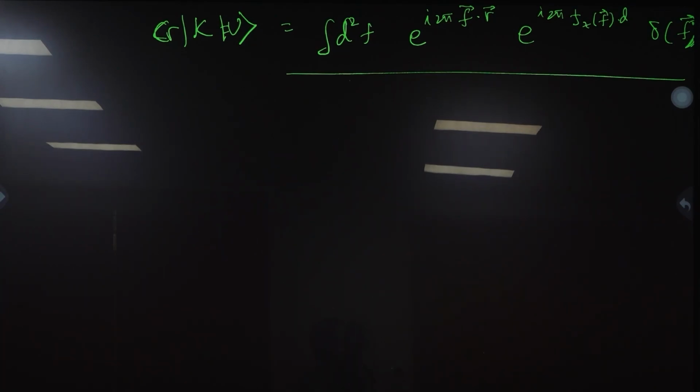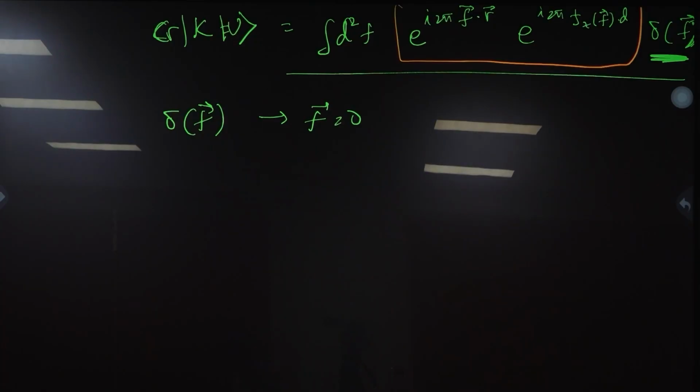So yeah, let me show you. The delta function delta of f is non-zero at f equal to 0, right? What you have to do is take the rest of these terms here and just substitute f equal to 0 in here.